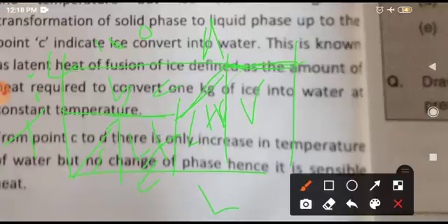At this 100 degrees Celsius, the whole amount of water gets converted into vapor, and beyond 100 degrees Celsius the vapor gets superheated and the temperature will go on rising. In this way this figure is drawn.